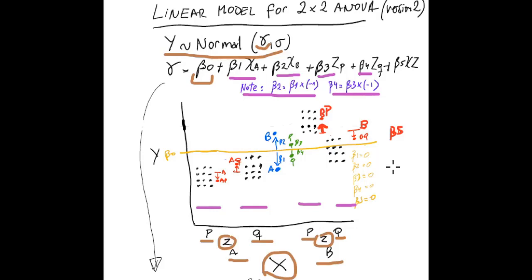So it's symmetrical. And then we've got beta5, that's XZ, which is the interaction. So I'm not going to explain the factorial ANOVA because you've seen this before. Now, I'm going to talk about the dummy variables XA, XB, ZP, ZQ, and XZ.